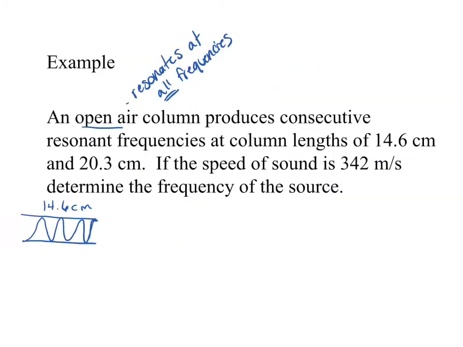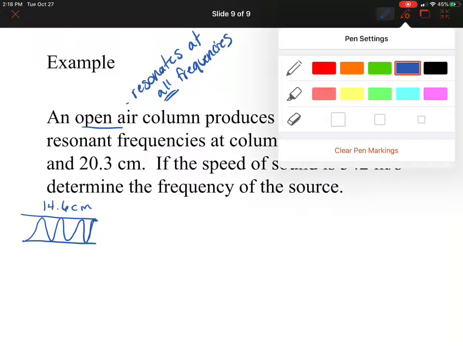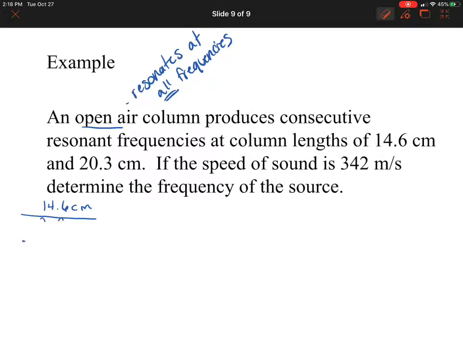So that's the whole thing, it doesn't actually tell me how many standing waves or what frequency or harmonic I'm at. So at first it looks like a big problem. So I'm just gonna basically draw this until I'm out of room, there we go. So I'll just draw it like that and pretend that that's it. I don't know if that's what's really going on, but let's say that's 14.6.